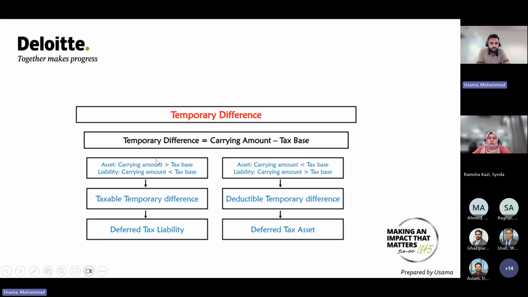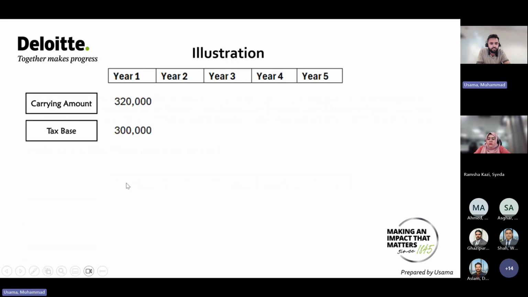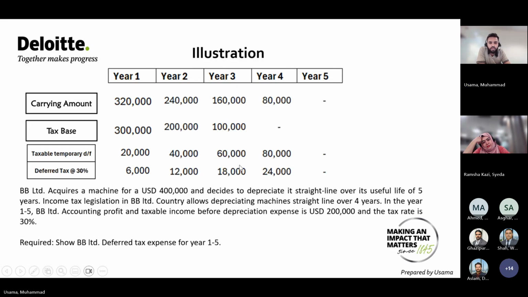Yes, because it is an asset and the carrying value is higher than the tax base, then it would be the deferred tax liability because it is a taxable temporary difference. As you can see, the carrying value of the asset is higher than the tax base, therefore it would be the deferred tax liability. And for the similar years, I have computed all this.